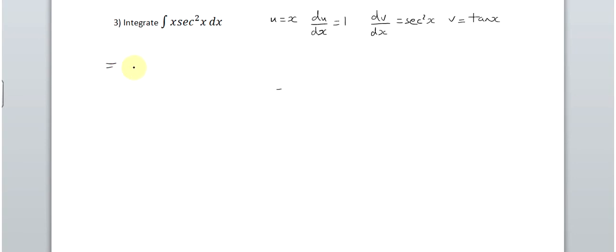So uv, so that is x tan x minus the integral of v, which is tan x, du, which of course is 1. And then we've got x tan x, and if you integrate tan x, you get ln of sec x. Another one to make sure you know there. And that's it, job done.